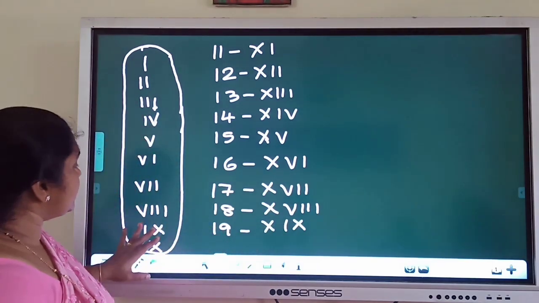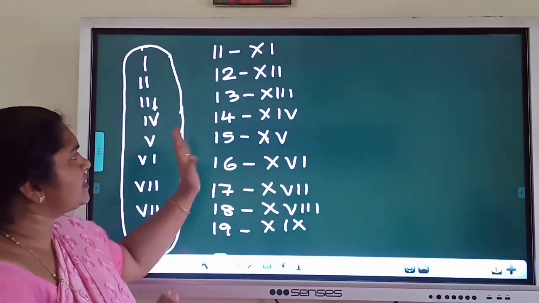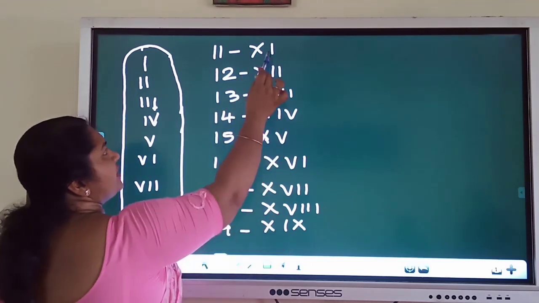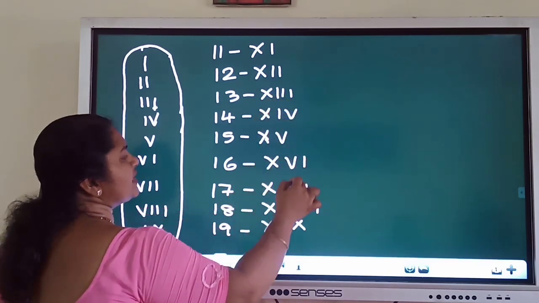So, study this very well. Then just combine. See here all X only. All the others are 1, 2, 3, 4, 5, 6, 7, 8, 9.